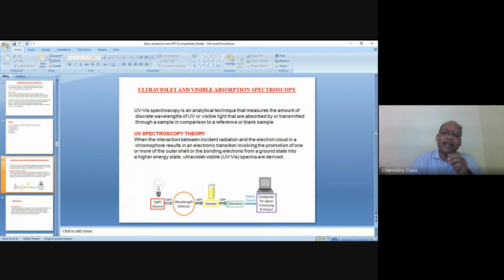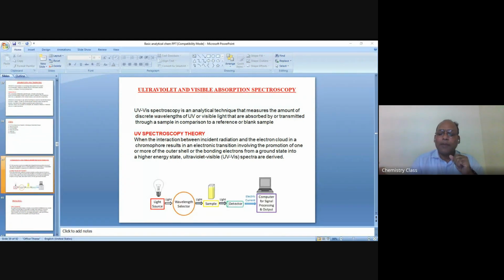What I told you is exactly the same thing: a particular wavelength of light is passed through the sample, then you check how much of that radiation is absorbed, and what the wavelength of the light released is. Then you compare and check the difference between these two. This is the process.